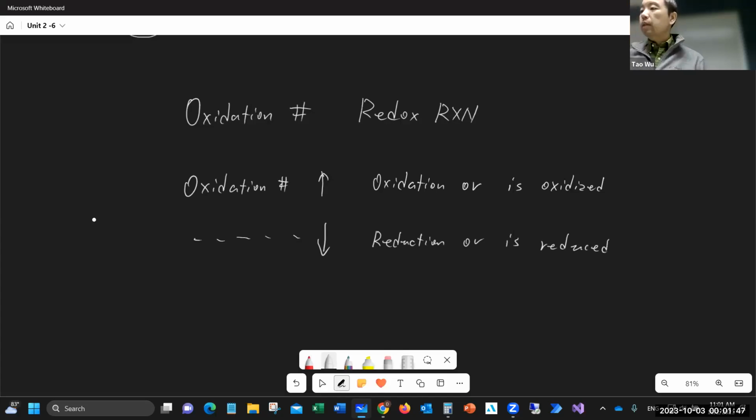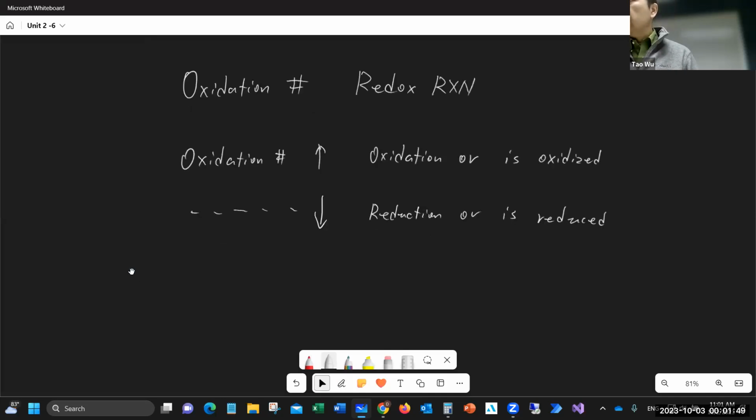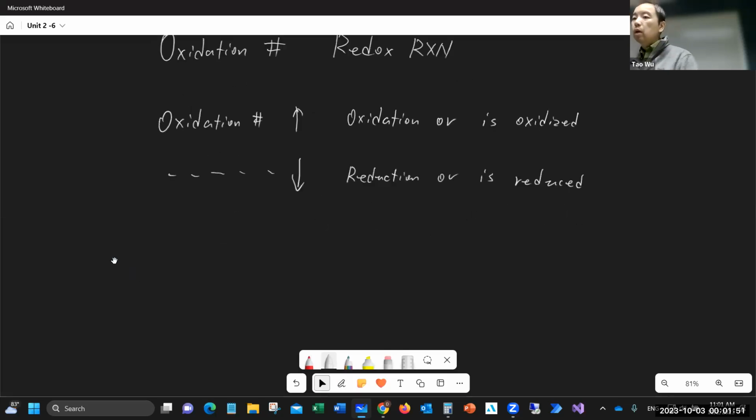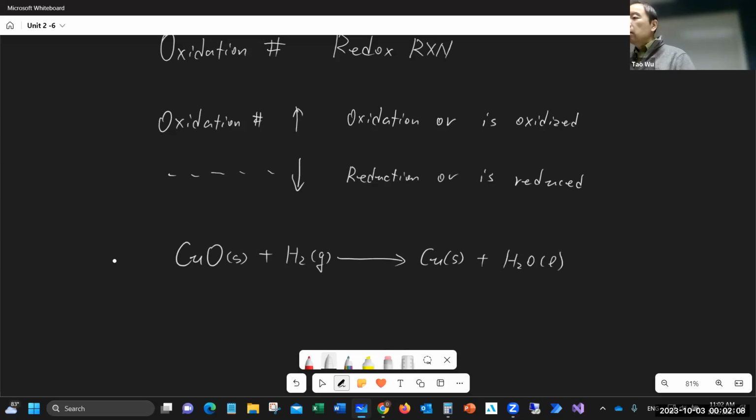Okay, oxidation and reduction, this is generally what we talked about last time. And we talked about one example, copper(II) oxide reacting with hydrogen gas, and then they form copper solid plus water, liquid, or gas, water gas.